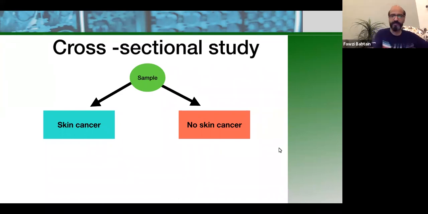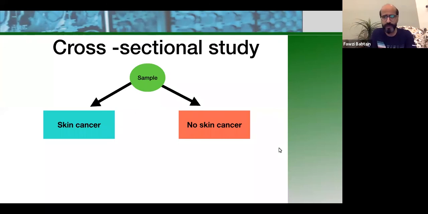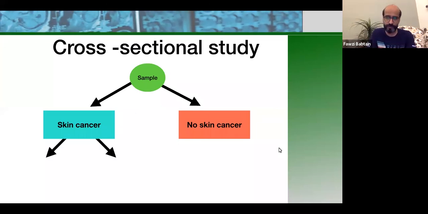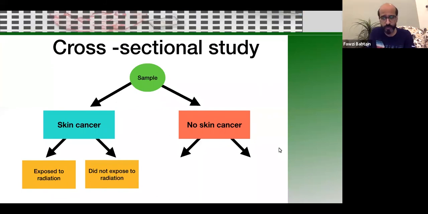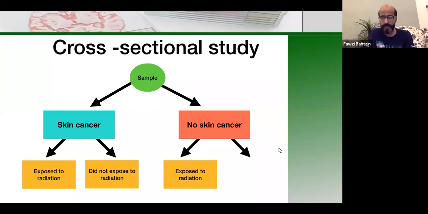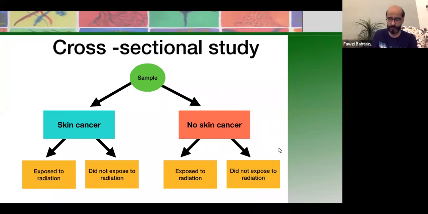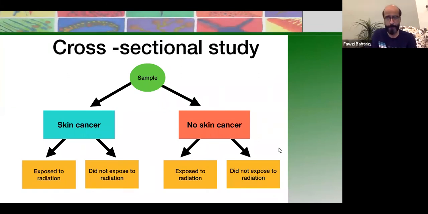And again, I will have two groups, exposed and unexposed, with or without the outcome. So this is a cross-sectional study. It is easy to do. You can do it quickly, and you can get a good association between exposure and outcome.